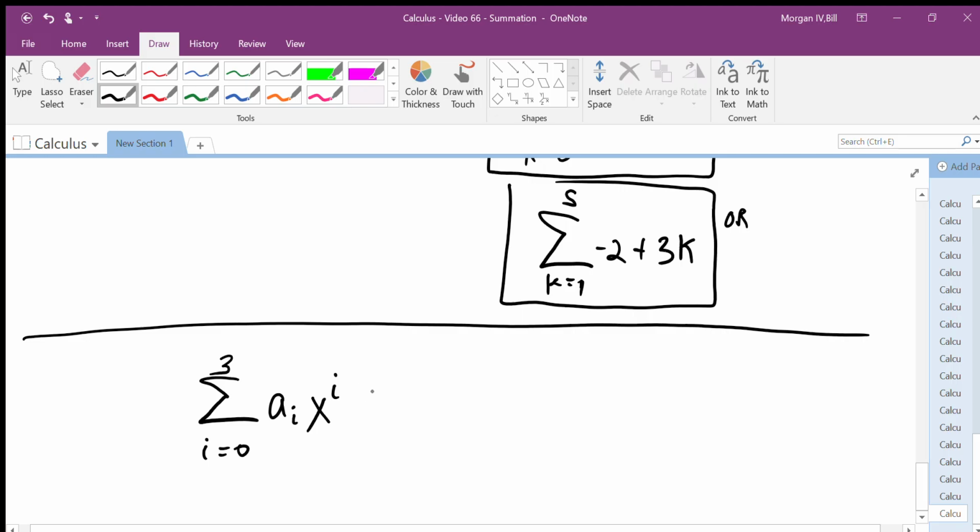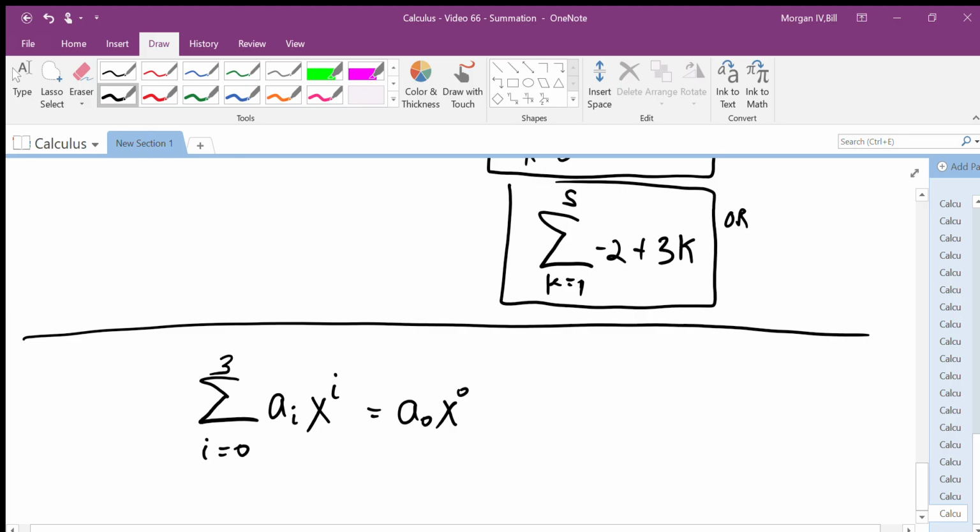What this is a representation of is a degree 3 polynomial. And you might be thinking, okay, how is this a representation of a degree 3 polynomial? Well, the a sub i is acting like the coefficient, and then x, the variable, raised to the power of i. This is letting i equal 0, I get a naught, or a sub 0, x to the 0.